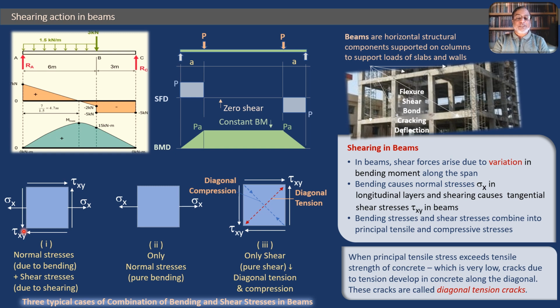What is the need of shearing reinforcement? The need is that we get diagonal tension developed due to pure shear. Why is shear developed? Because there is a variation in bending moment, and that is why this is the critical situation. In the beam, you will get at various points this situation or this situation or this situation. So this slide has described how the shearing action in beams takes place.